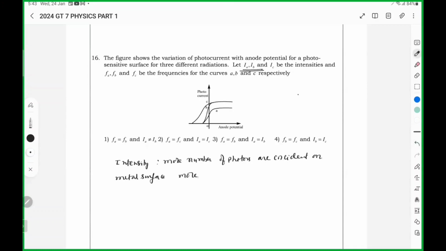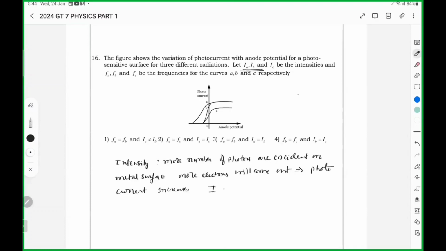So more electrons will come out. So obviously more electrons are coming out, photocurrent obviously increases.